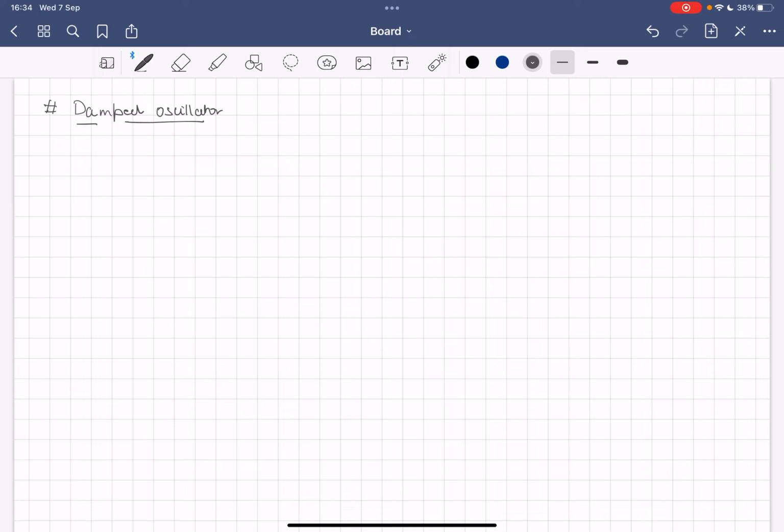In earlier videos we have talked about the simple harmonic oscillator. The differential equation for a simple harmonic oscillator can be given as m x double dot plus k x equals 0, where x is a function of time.